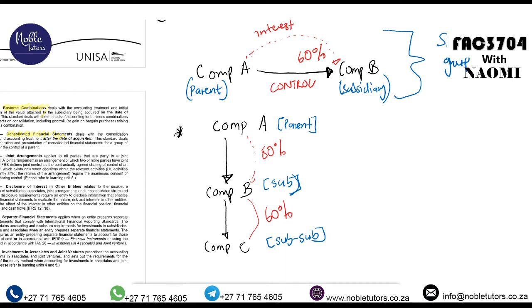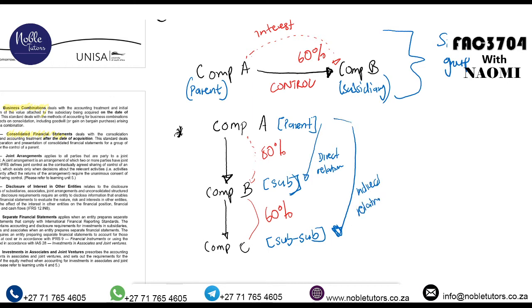Company A has a direct relationship with company B, while company A, going back to company A, has an indirect relationship with company C. Indirect relation.